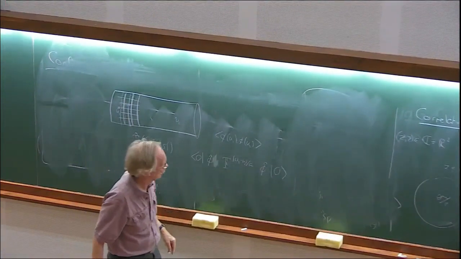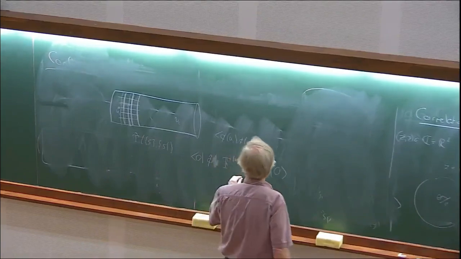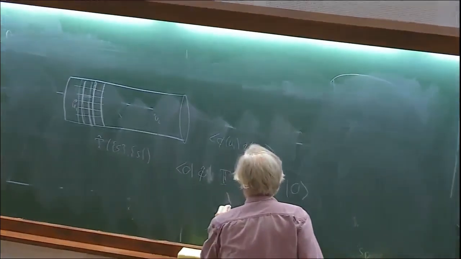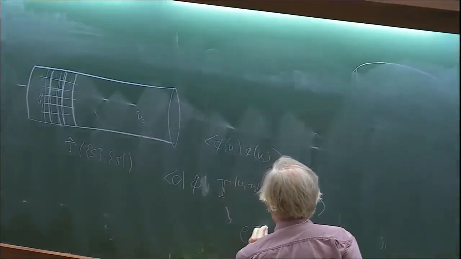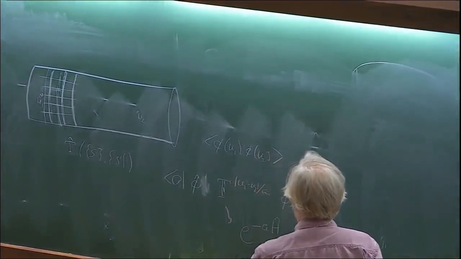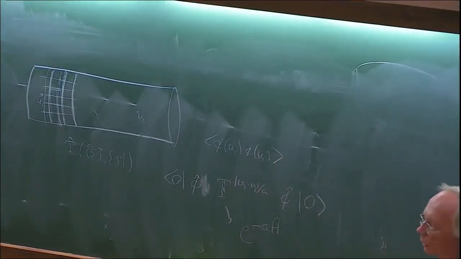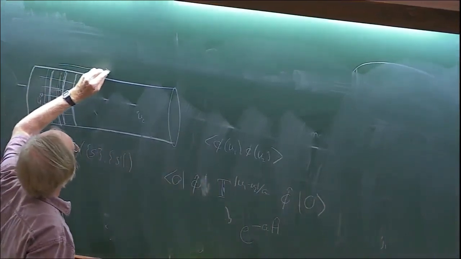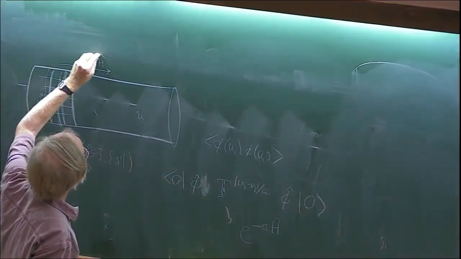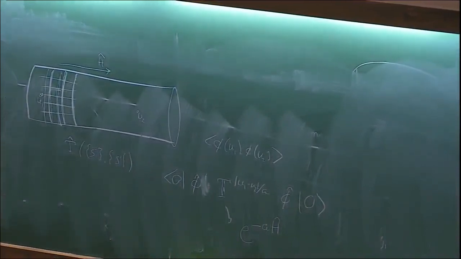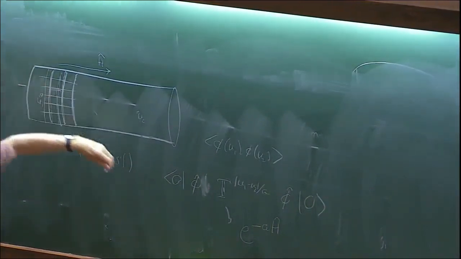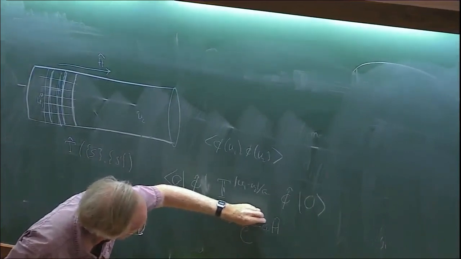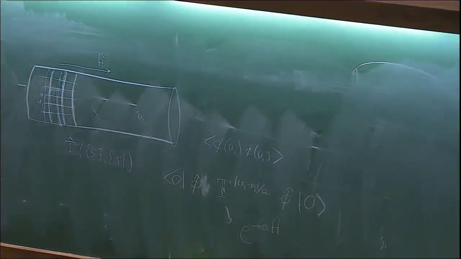So I can compute correlation functions on the cylinder in terms of knowing matrix elements of the transfer matrix between certain states. Now, usually we write the transfer matrix as e to the minus A times H, and H, in the scaling limit, becomes the Hamiltonian of our conformal field theory, which generates infinitesimal time translation.